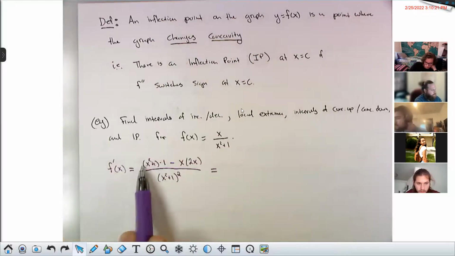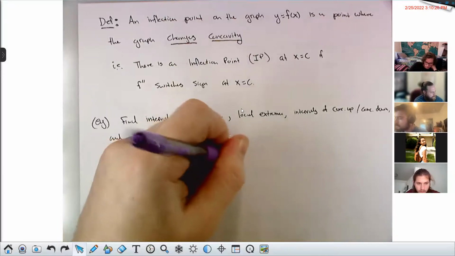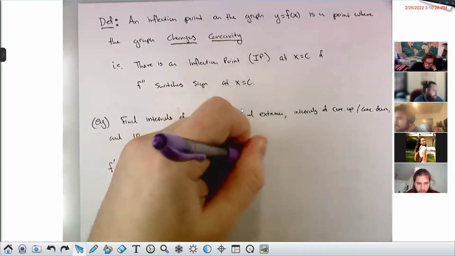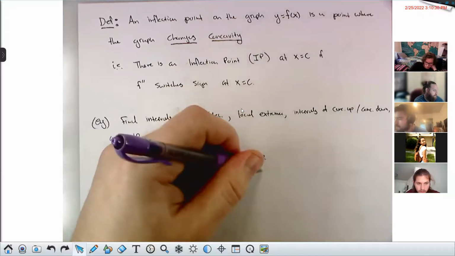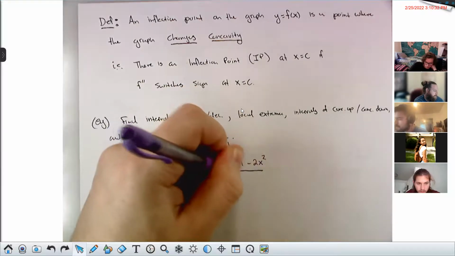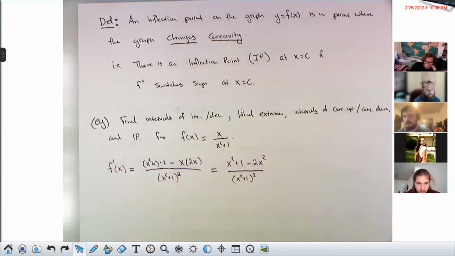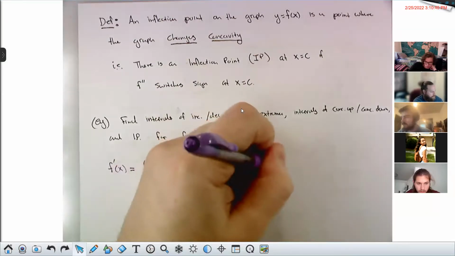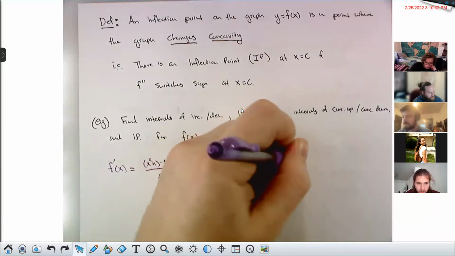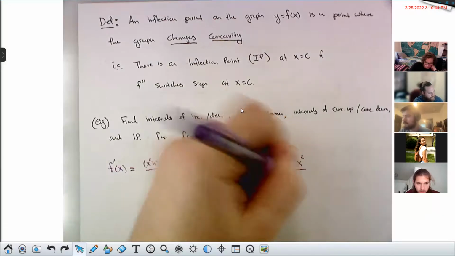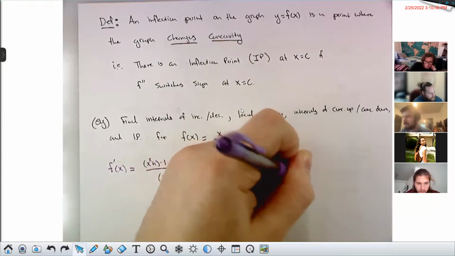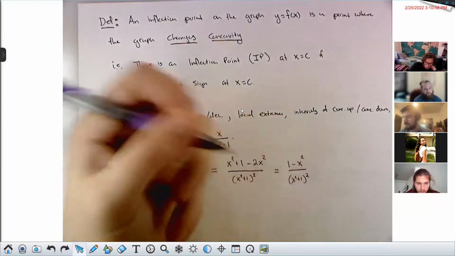So that's x squared plus 1 minus 2x squared, all divided by x squared plus 1 quantity squared. x squared minus 2x squared is negative x squared. So this is 1 minus x squared over x squared plus 1 all squared.